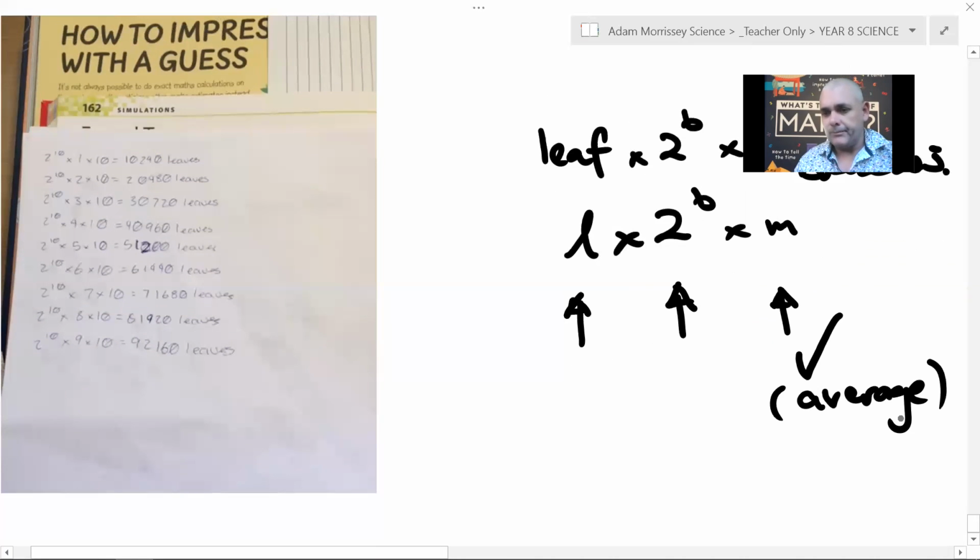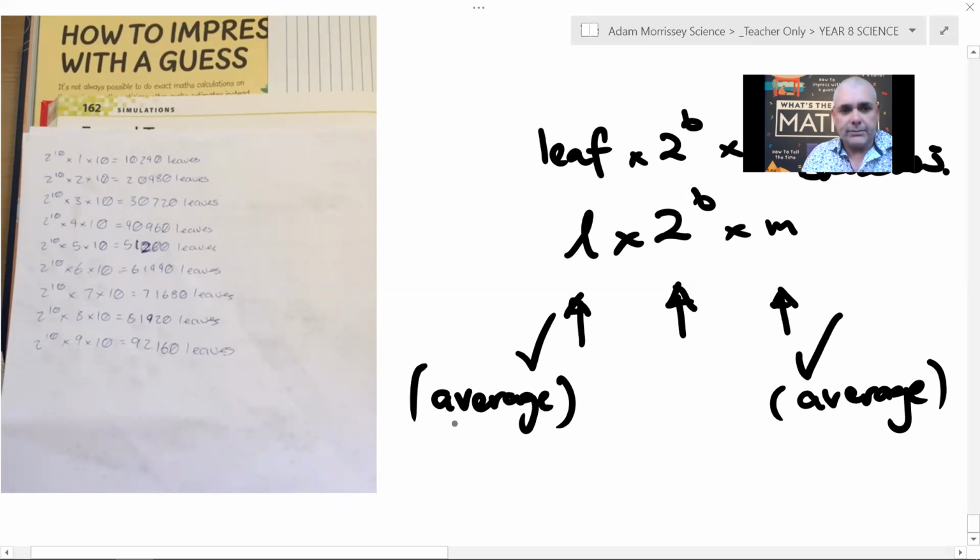And this is easy if we just look at the buds on the end of the terminal branches here, and we start counting those up. So we can get again an average, but quite an accurate average. And this is what this student over here is playing with.